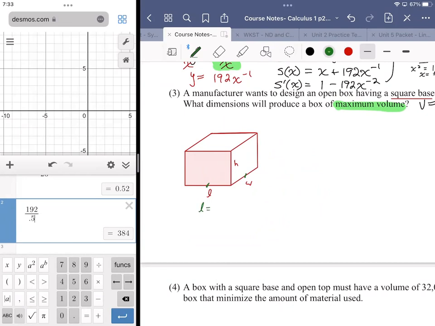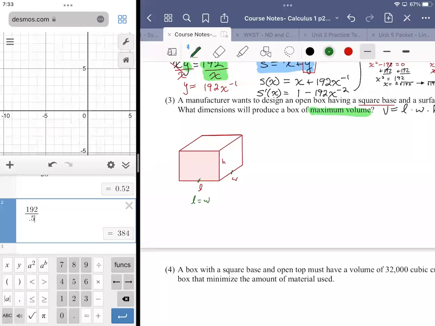So L is equal to W. So we could refine our volume formula to make that substitution. We could say L times H, or we could say W times H. It really doesn't make a difference, whichever you prefer.